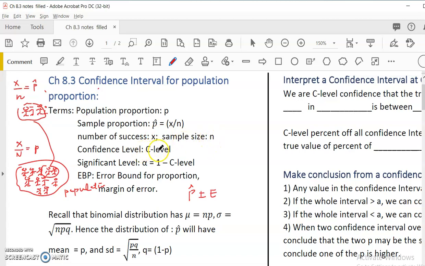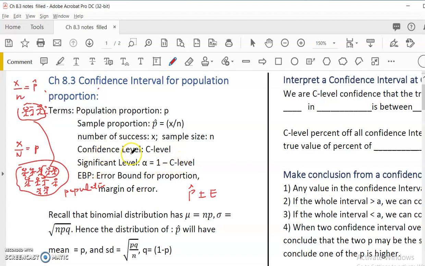C level is all the X that's supposed to occur by chance. The X number would vary, but I should be able to see those that are likely to happen by chance. That's C level. The default is 95%, because by default we think 5% is unlikely to happen by chance. So alpha is the significance level, the unlikely probability value, which is 1 minus C level.